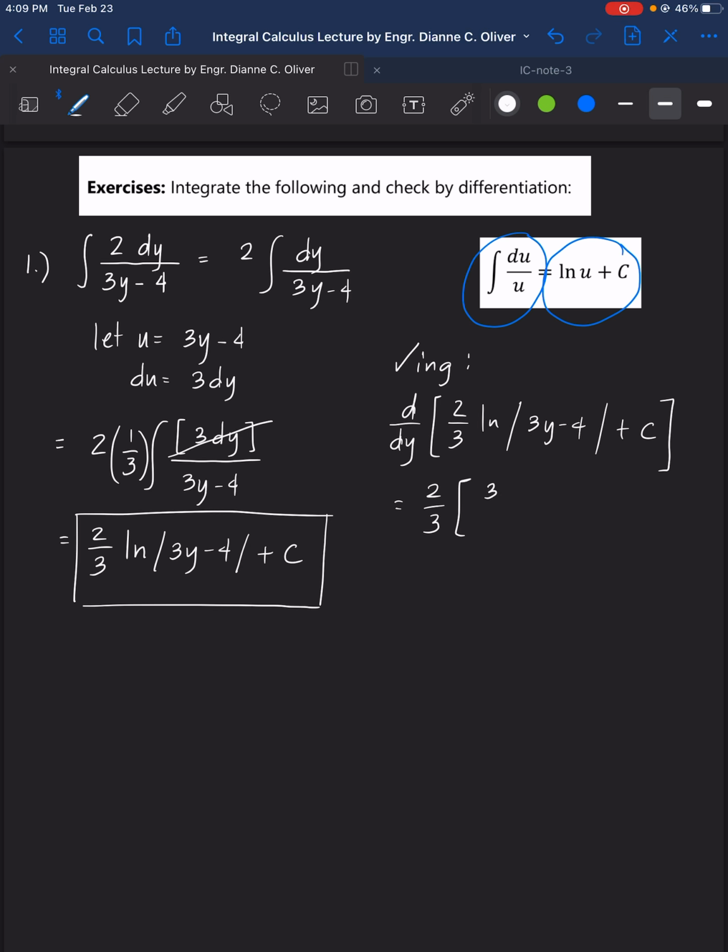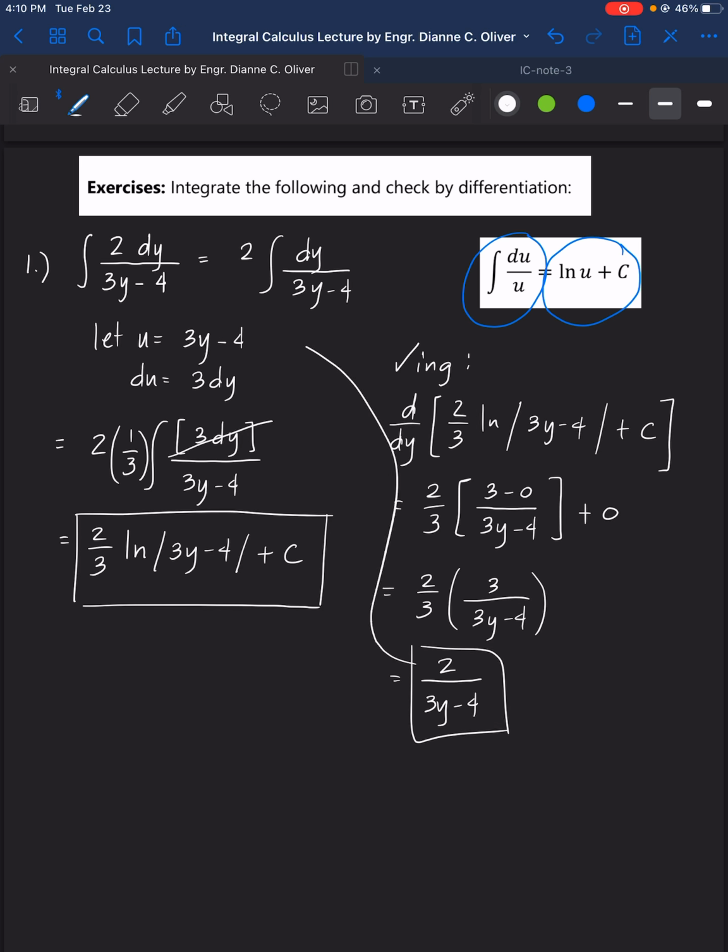So that is 3 minus 0 all over the u, which is 3y minus 4. Then derivative of constant 0. So the final answer is 2/3 times 3 over 3y minus 4. That is equal to 2 over 3y minus 4. Same with the given. That means this answer here is correct.